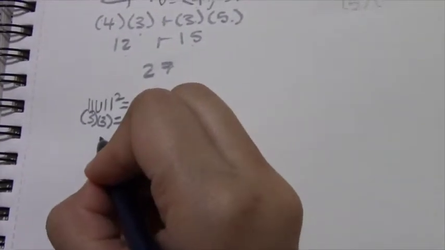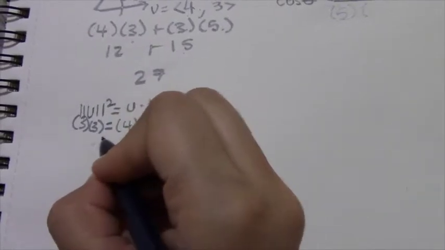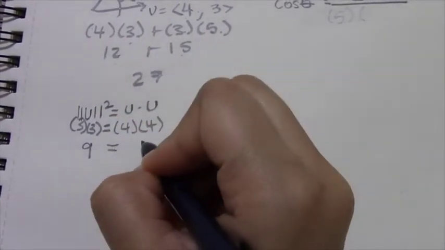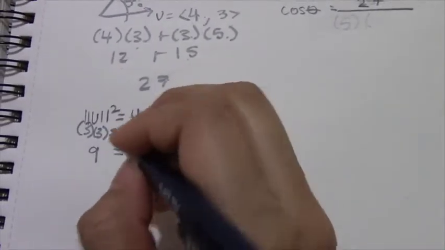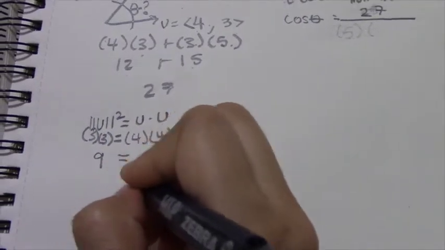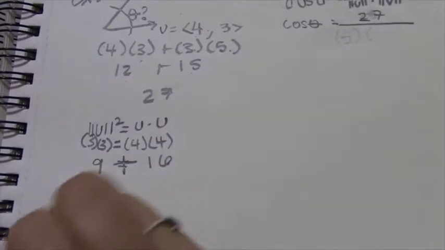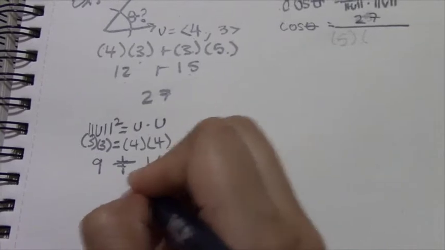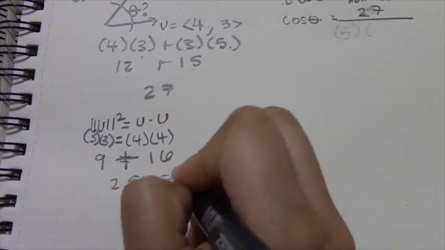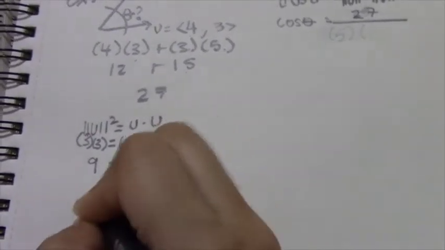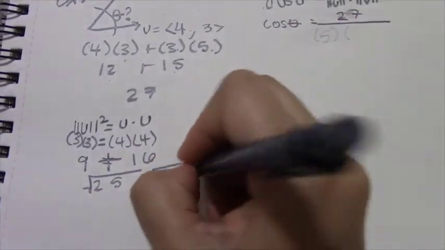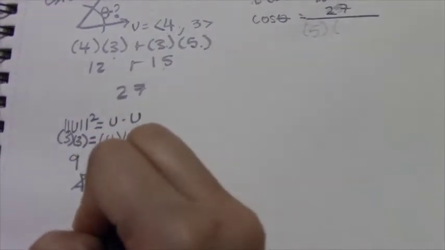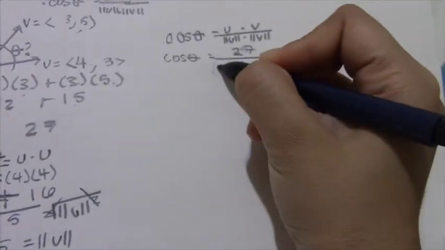So 3 times 3 equals 9, and our 4 times 4 equals 16. So then those two added up equals 25, which equals double U squared. Now square rooting that equals 5, which equals regular double U. So that's where we get our 5.